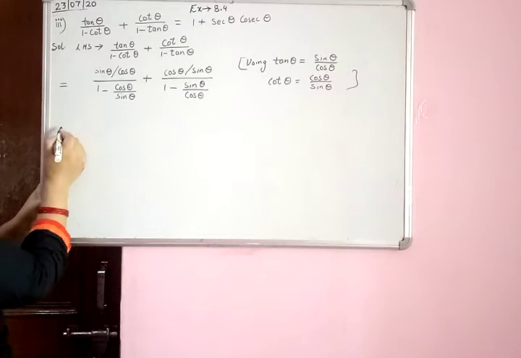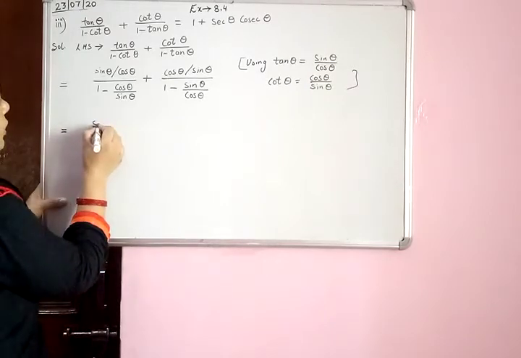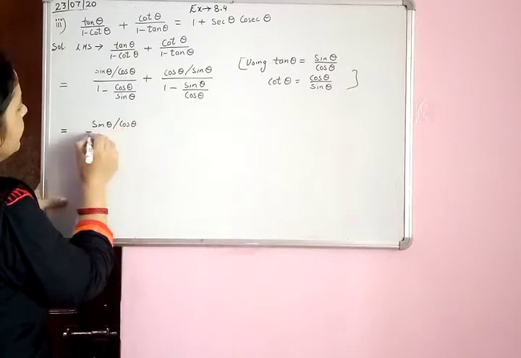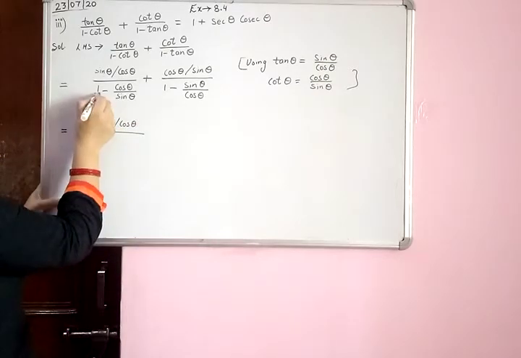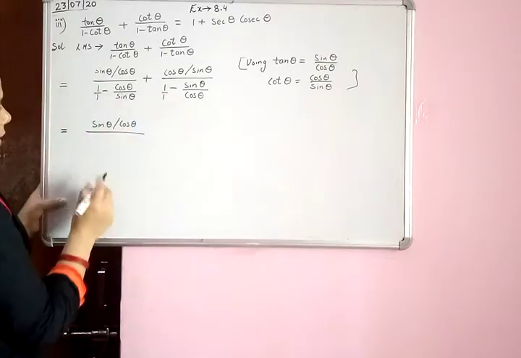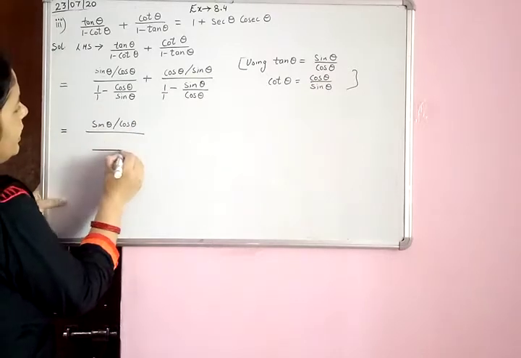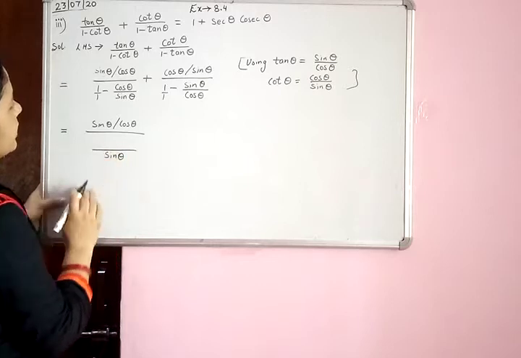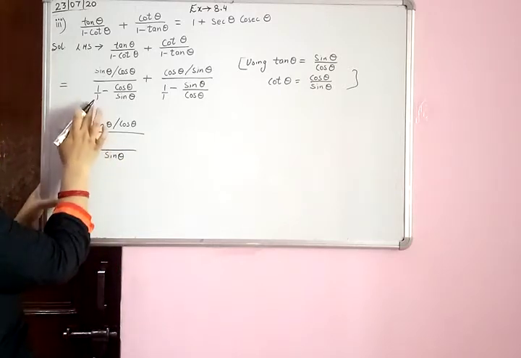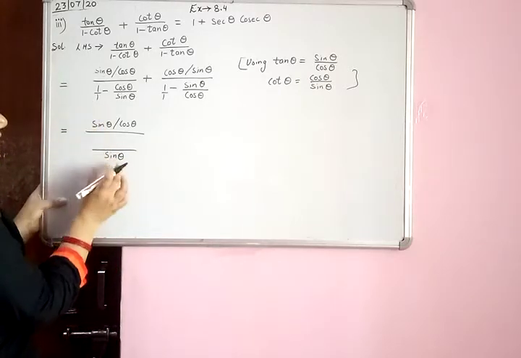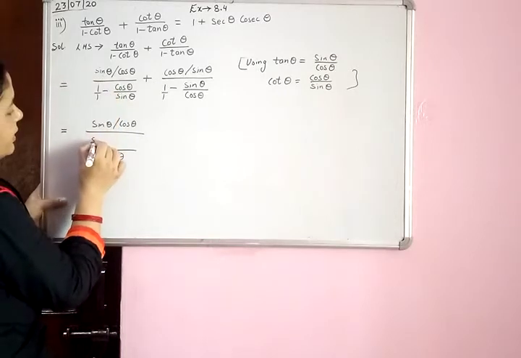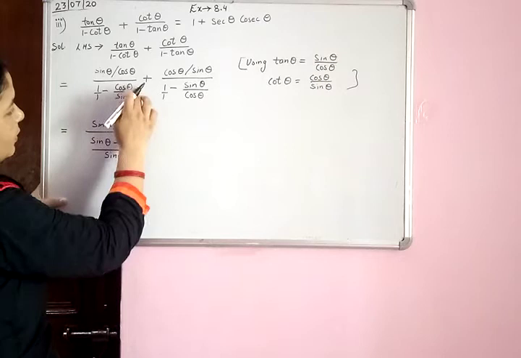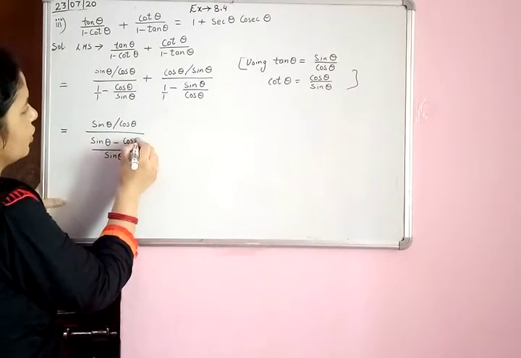Okay, now numerator sine theta upon cos theta is same. We can write 1 as 1 upon 1, and here we can take LCM. LCM of 1 and sine theta is sine theta. If we simplify this, then divide sine theta by 1, we have sine theta, and sine theta multiplied by 1 is sine theta, minus sine theta cancel, 1 into cos theta is cos theta.